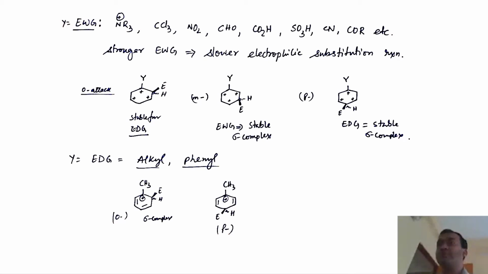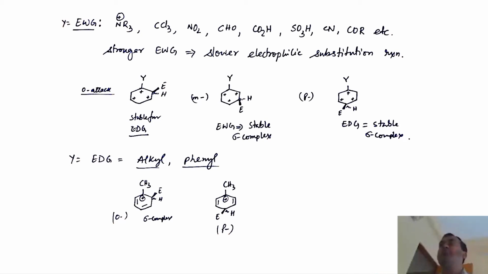So the reaction rate for NR3 plus will be slower than for NO2, because the electron density is much lower. This will be your homework: what would be the strength order for this series, in which case the reaction will be faster and in which case slower, based on electron withdrawing ability.